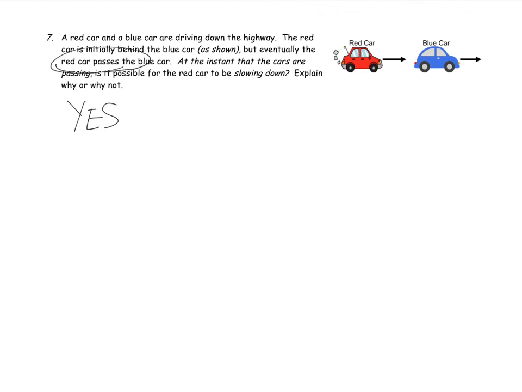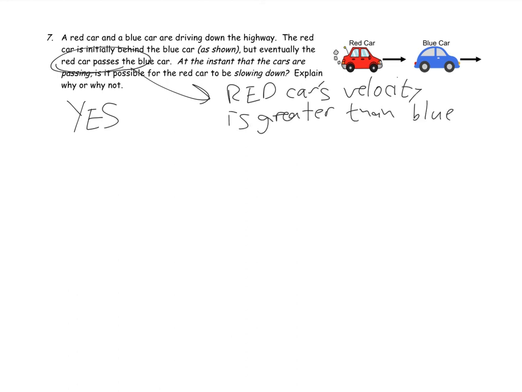In order for the red car to pass the blue car, all we can say is that the red car's velocity is greater than the blue car's. That's what needs to happen in order to pass someone. You must be traveling faster than them. It says nothing about your motion.